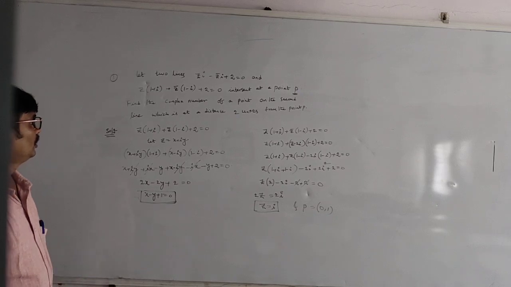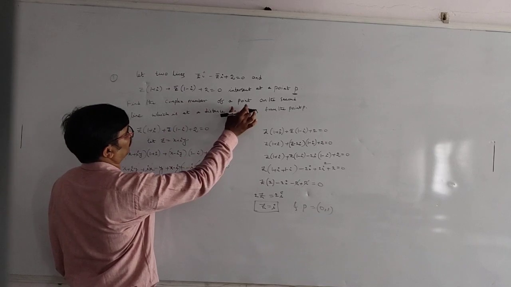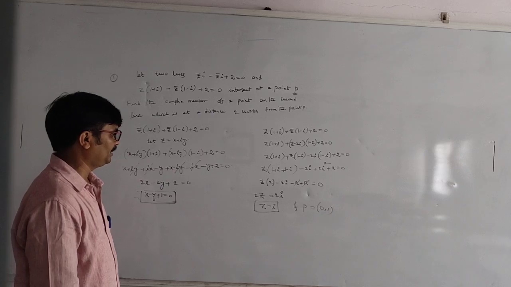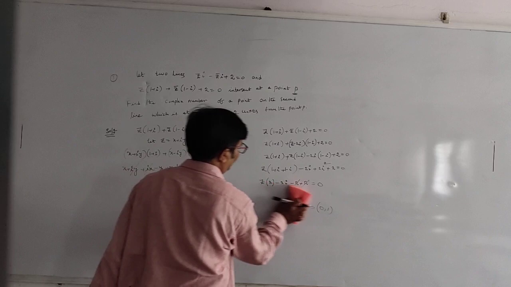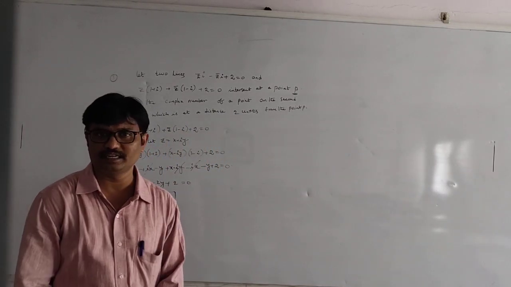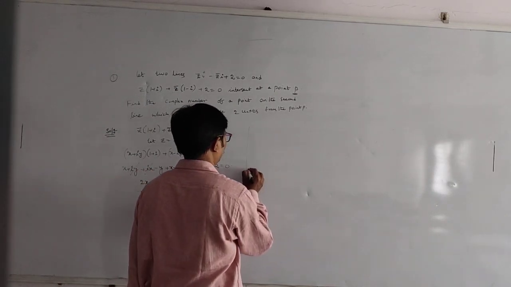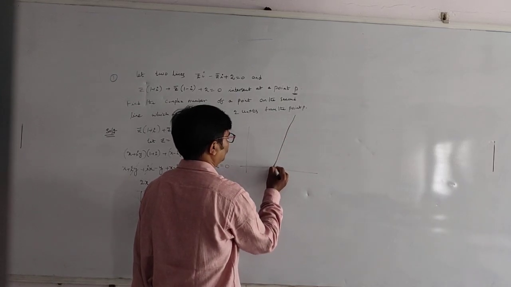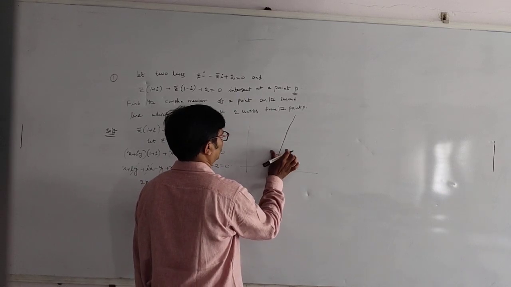Now we have to find the complex number of a point on the second line which is at 2 units from the point P. So students, right now we have to find the coordinates which are at a distance of 2 units from the point P. What is the point P, students?